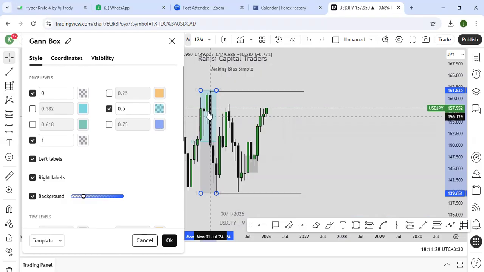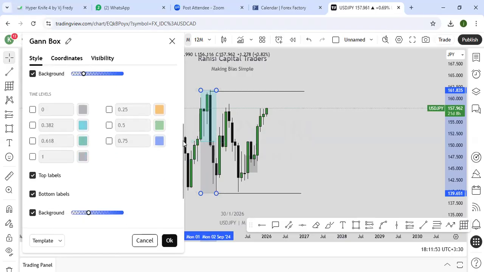But when you open it, it will not show you this. It will show you very many lines inside. But after you need to modify them, under style there's price level. Then you untick this, then you tick this 0, 1, and 0.5. Then you untick others. Then you come to level 2, this time level, this second level, you will see all of them ticked.